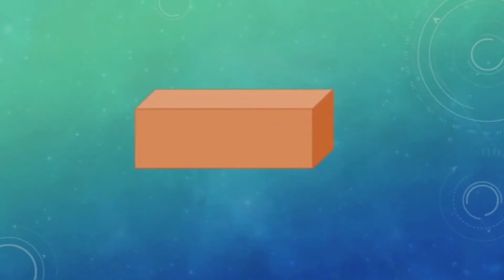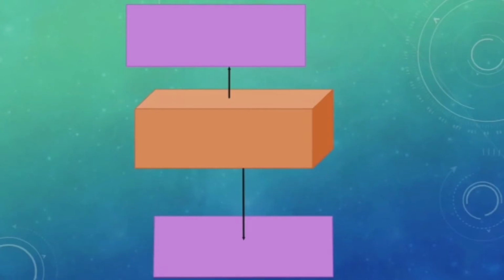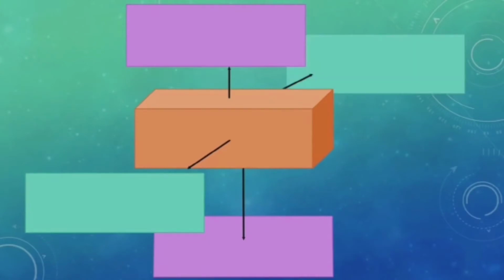See, here we have a cuboid. We know that a cuboid has 6 rectangular faces and its opposite faces are identical or similar. Students, if you will observe this cuboid, you will find that its top and bottom faces are identical or similar, and its front and back faces are also identical, right?